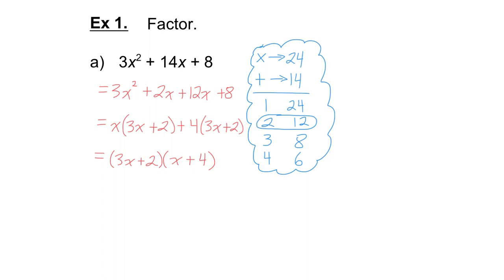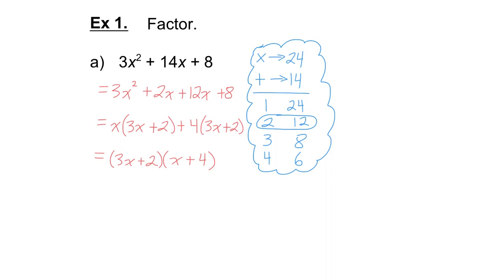If you're not sure about this, if you're still questioning where my numbers came from, you should pause the video and let me know so I can help before you move on. Otherwise, I just want to show you something here: when you factor and you get an answer and you want to know if you got it right, you can actually check your answer.